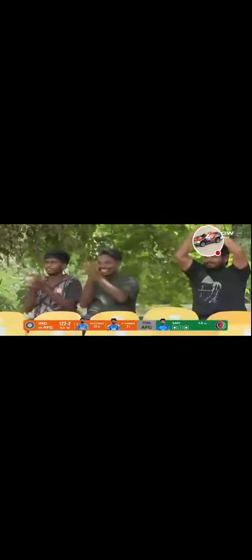Once again, driven down the ground. That's a wonderful shot from Ruturaj Gaikwad. I was just talking about what good flow he's in this series, Rajiv, and how true the surface is. That's a very good shot from Ruturaj Gaikwad. Yeah, pitched up once again, playing through the line straight.